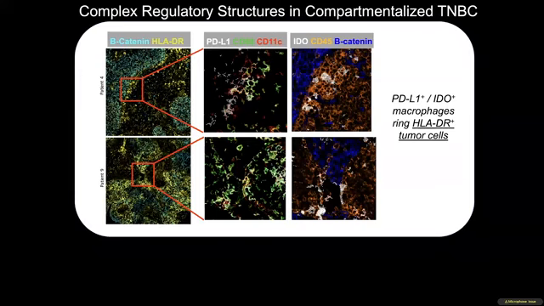Interestingly, that was also accompanied by a gradient of tumor HLA-DR expression, highest right at the tumor immune border, where it's interfacing with these PD-L1 IDO positive myeloid cells, and dissipating as it moved away towards the center of these tumor nests.